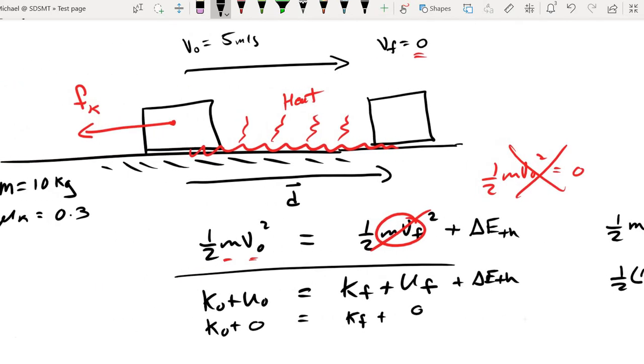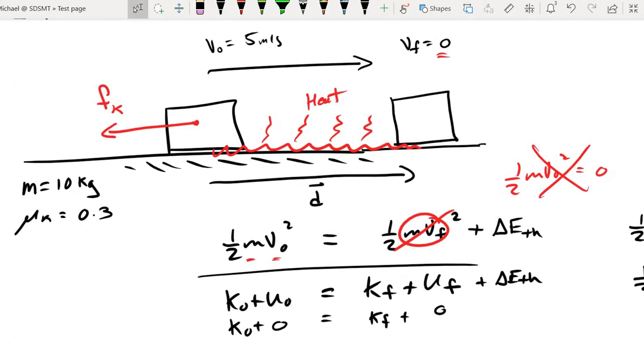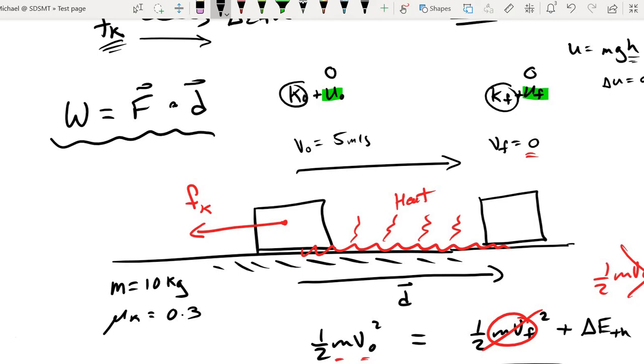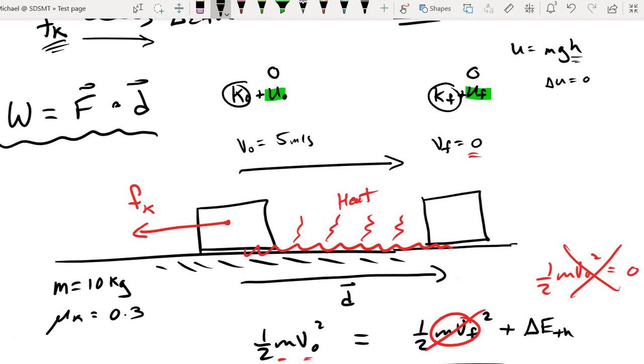But that doesn't answer the question that I had before. Is there some way of figuring out how much work friction does in the process? So let's see. We know what our kinetic coefficient is.